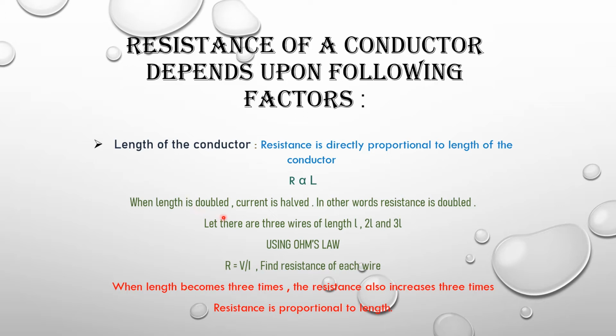Here it is written: when length is doubled, current is halved. In other words, resistance is doubled. Using Ohm's law, V is equal to IR, when we halve the current, resistance gets doubled. The same thing is written here.